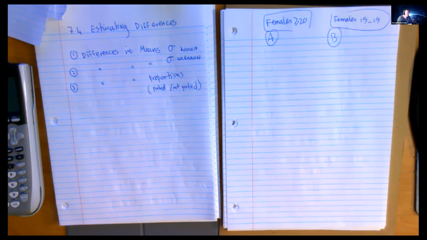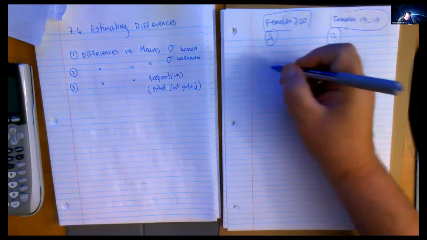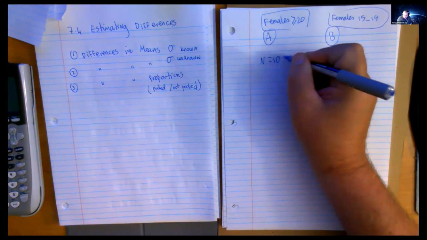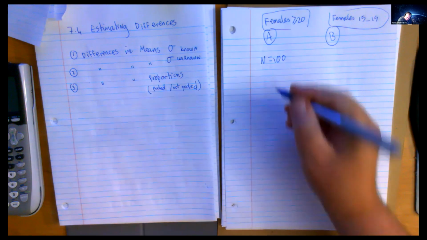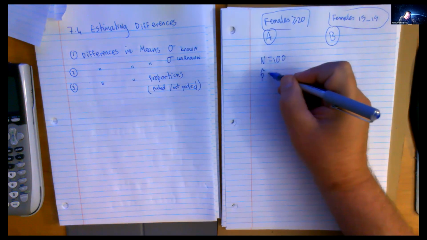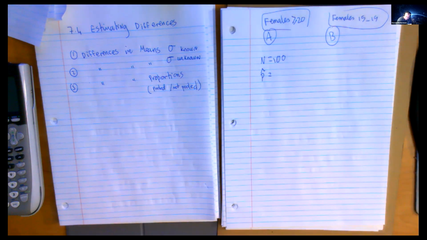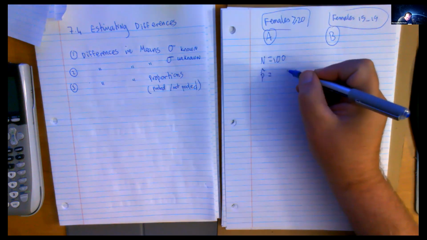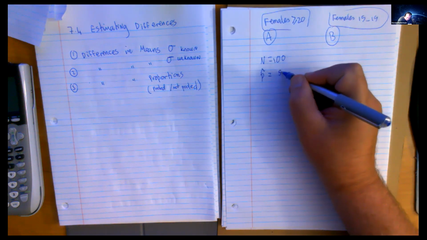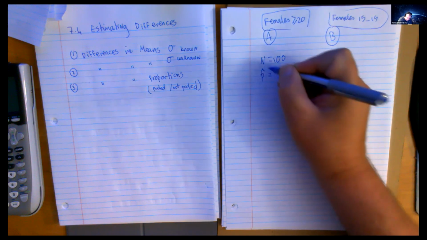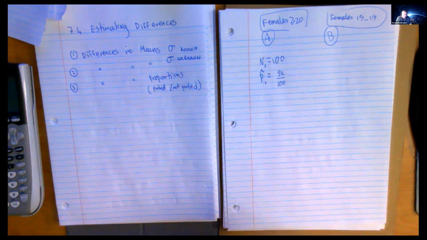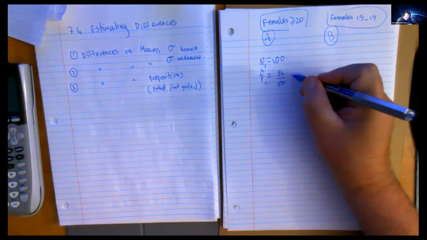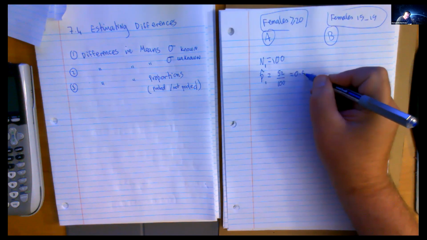Do you like very sweet chocolate? And you asked 100 of these females, do you like very sweet chocolate? And P hat is how many of them said yes. And so let's say that 52 of them out of 100 said yes. So we'll call that N1, we'll call that P1, which as a decimal is 0.52.